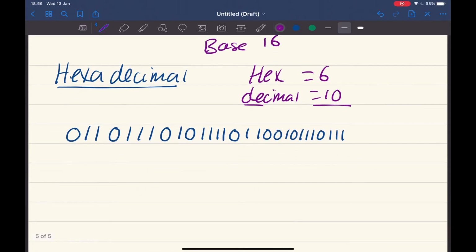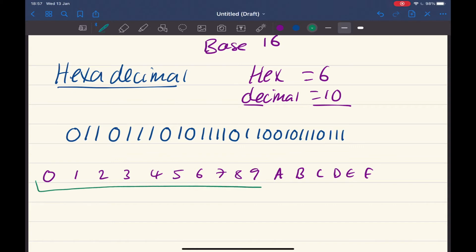Now that means there's 16 different values that we can have, and those different values go from 0 all the way up to 9. Then when we reach double digits, so we reach 10, that becomes A, and we go all the way to F. And you'll see here, if we count these up, there's 16 different values altogether.